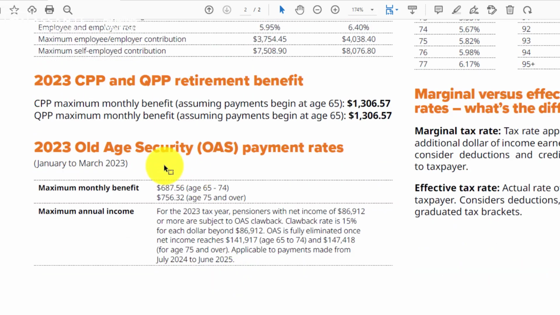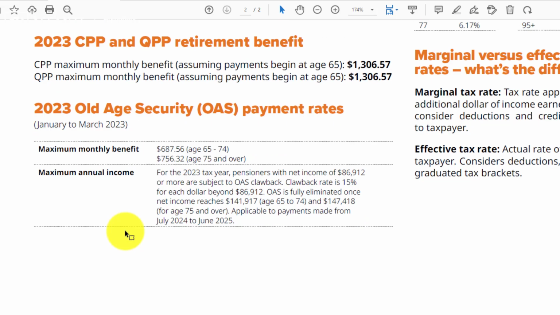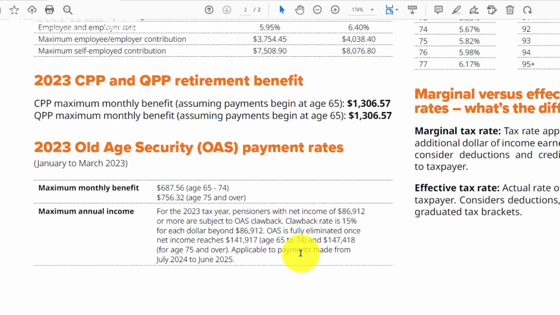And if we look at the 2023 Old Age Security benefit, as announced recently, between January and March of 2023, the benefit will be $687.56 per month through the ages of 65 to 74. And if you look at the clawback levels, they're summarized there for you as well.